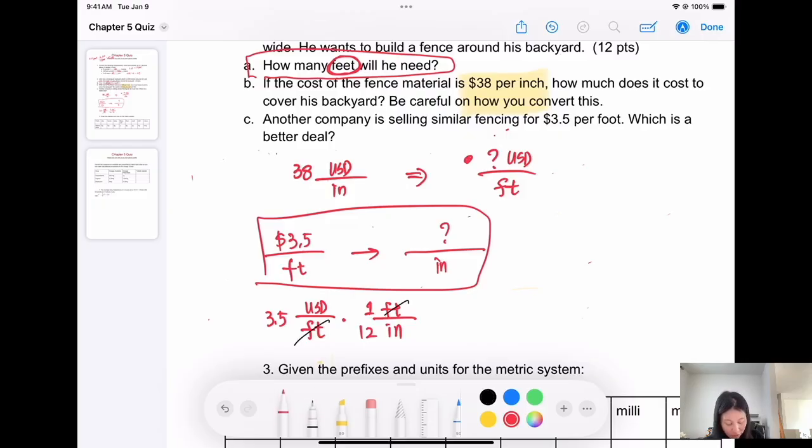So the unit left is US dollar over inches. Now 12 is in the denominator, so that means we have 3.5 over 12. This is approximately 29 cents. So for the second material, it's going to cost you 29 cents per inch. So the second one is much cheaper, so you should choose the second one if they're similar.